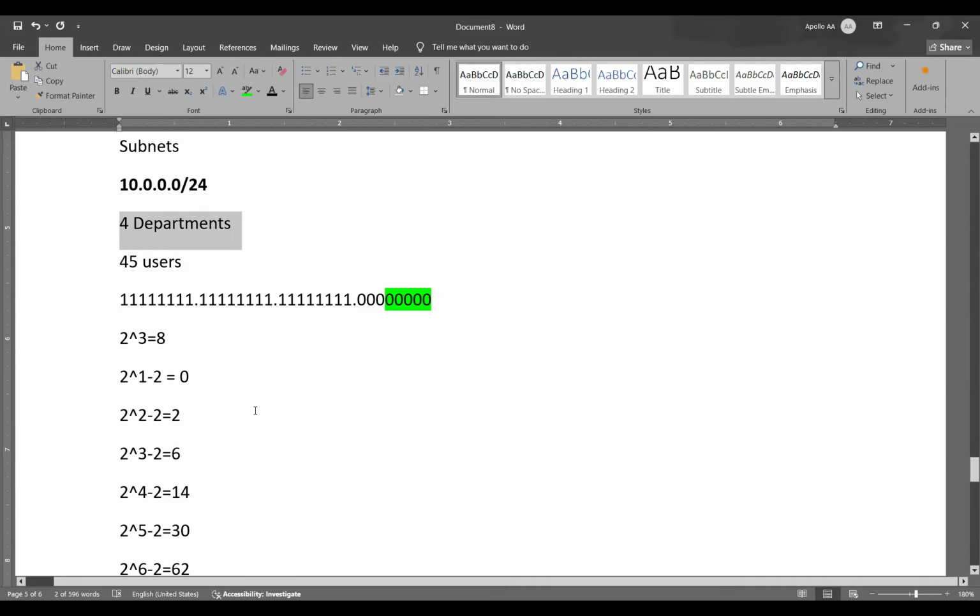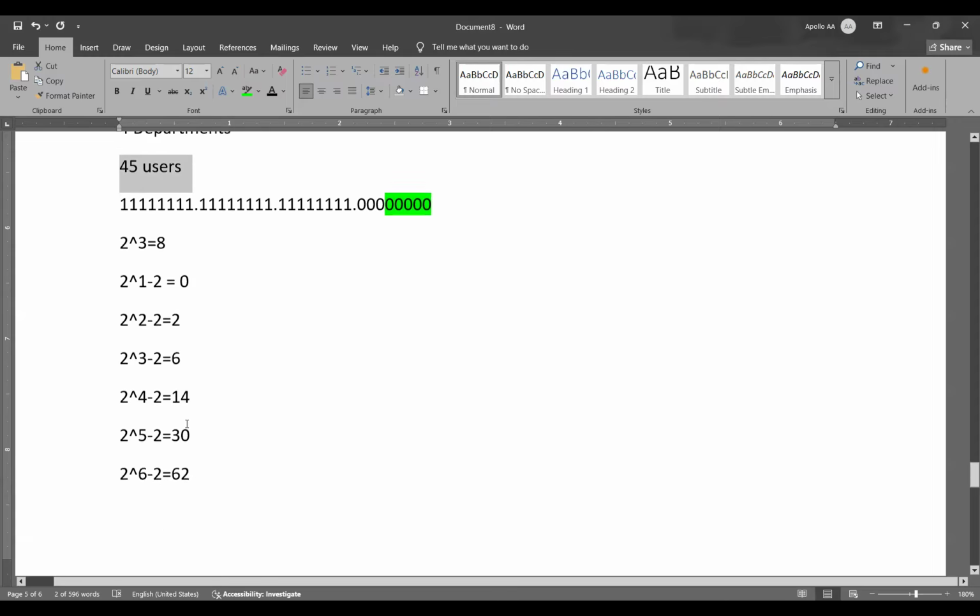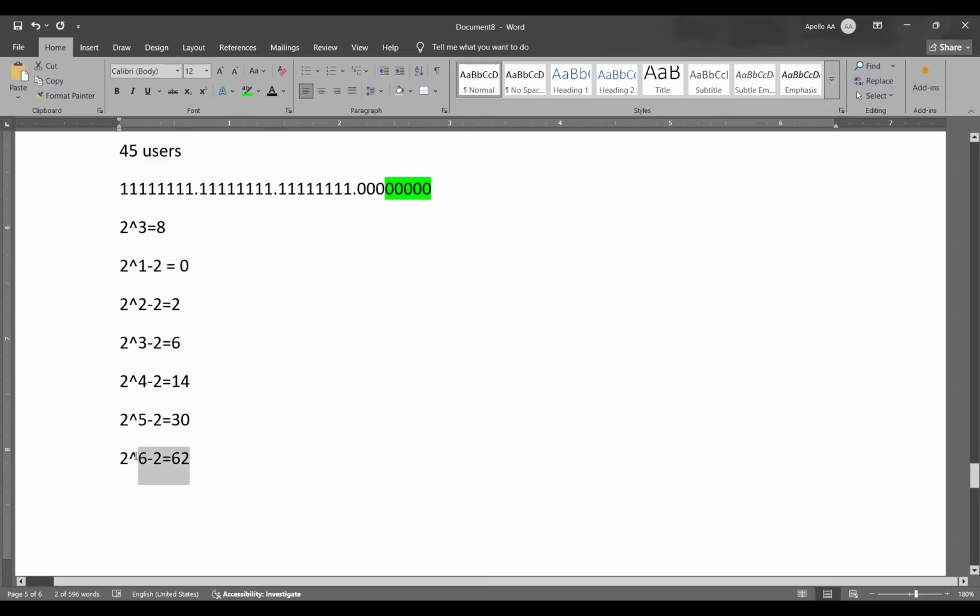So here is the thinking process, that we need to have at least 5 host bits to make sure each of our subnets has at least 45 users. Actually, the exact number is 62. That's how you think about it.